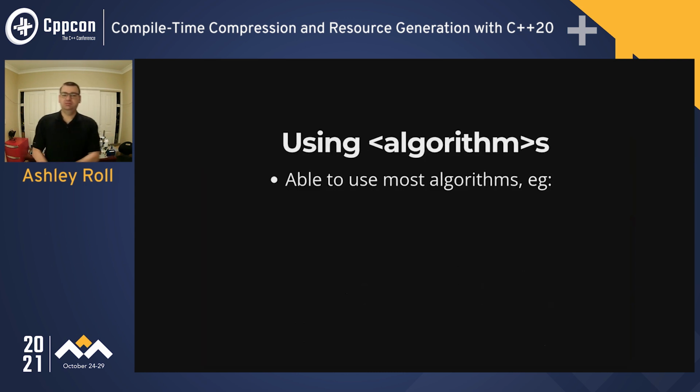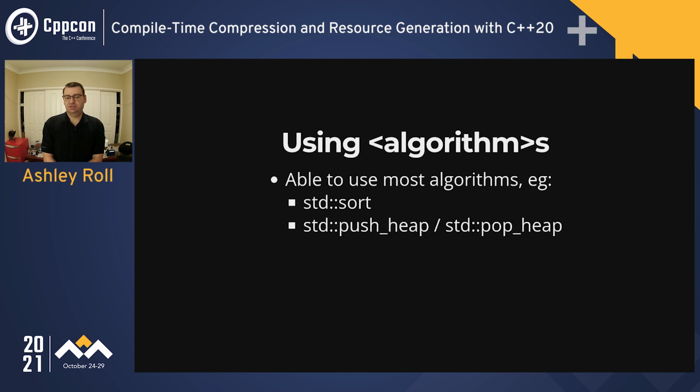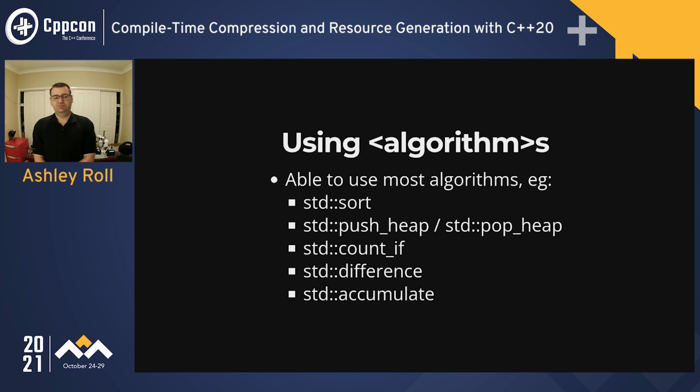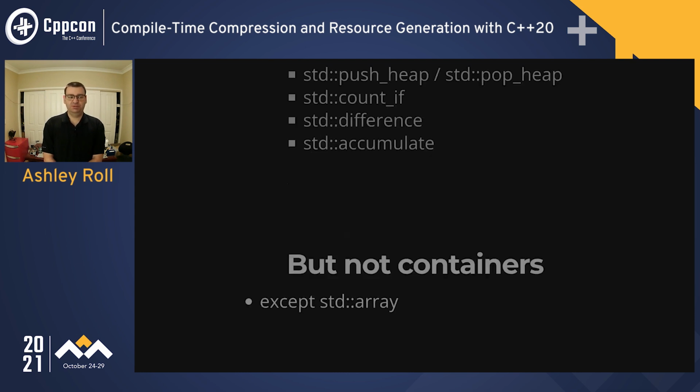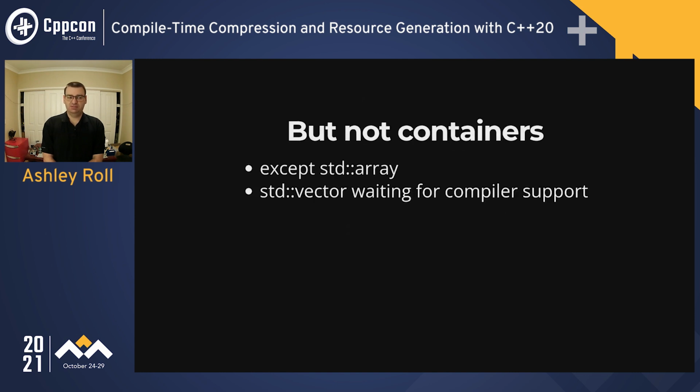You'll notice we're able to use most algorithms. I haven't found one yet that doesn't work, but I can't say I've used all of them. I've used sort, heap functions push and pop, count_if, difference, accumulate, next and previous, things like that. But it's not so great for containers. We can use std::array, and std::vector is waiting for compiler support to be constexpr, but we don't have a lot else as far as I'm aware.